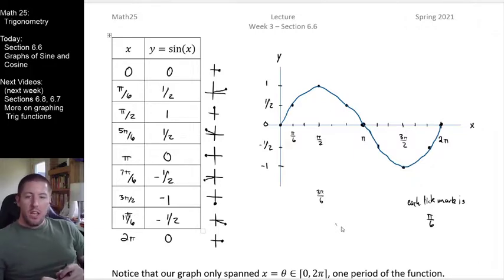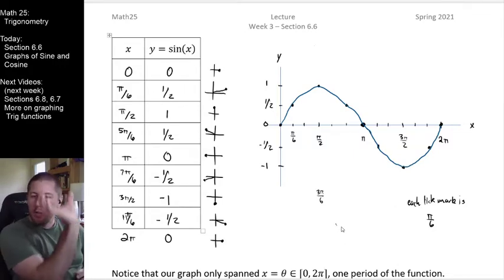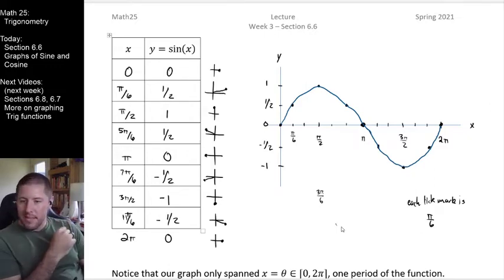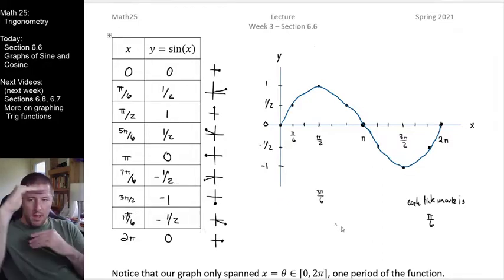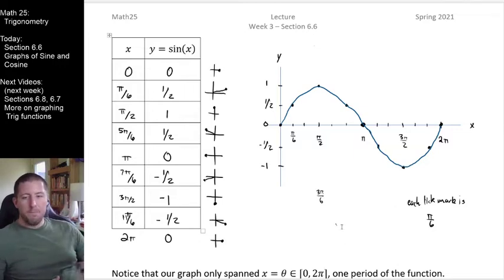So what we just did is one full period. If we were to keep going, all it would be is copying and pasting this graph onto itself, end to end in the left and the right direction forever. So this is one representative period of the graph. It's certainly not the whole thing though. This is just being graphed from 0 to 2 pi, from 0 to 2 pi as our inputs, as our x values, because of my table.